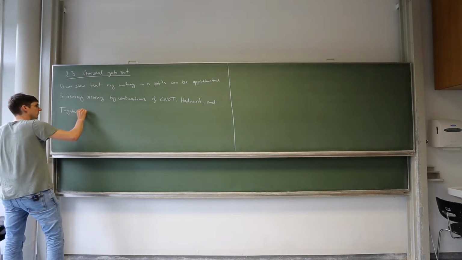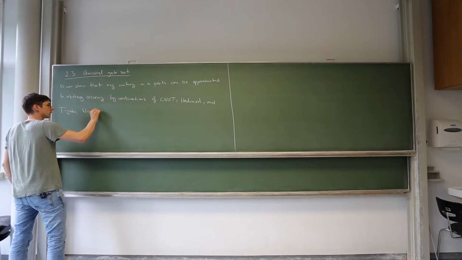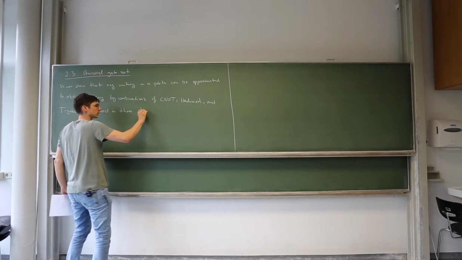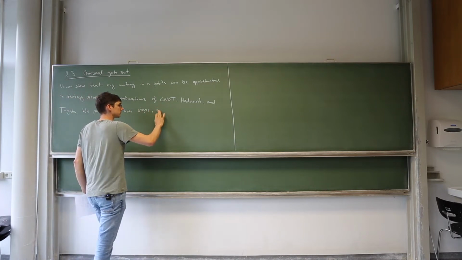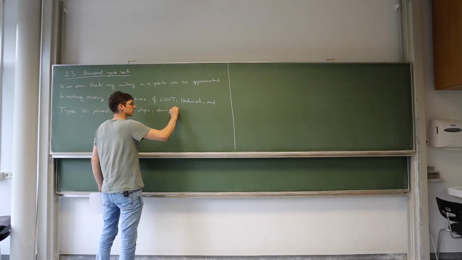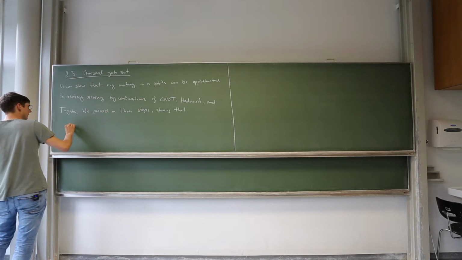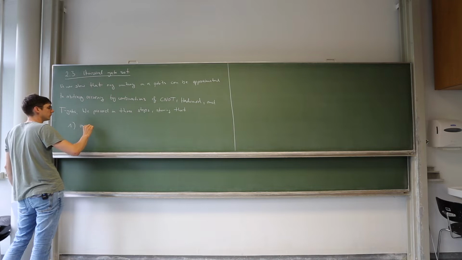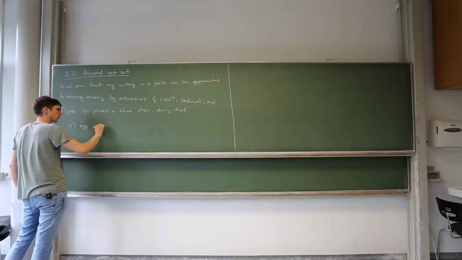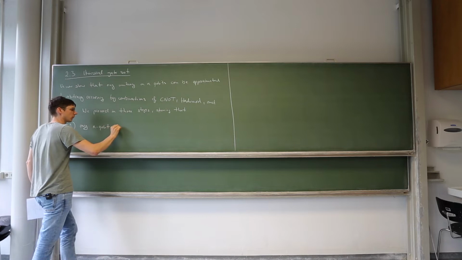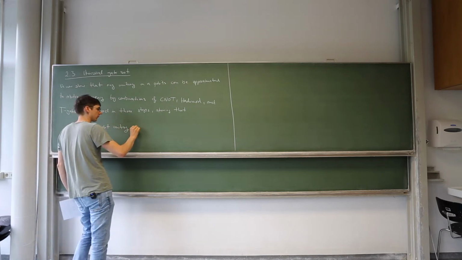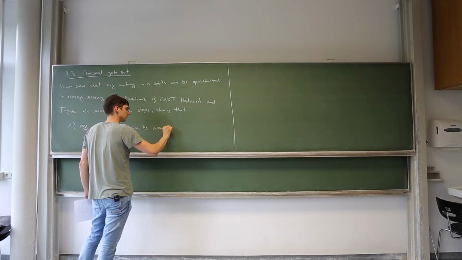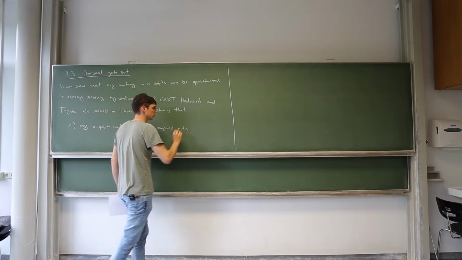So we proceed in 3 steps, showing that first we show that any n-qubit unitary can be decomposed into 2-level unitaries.